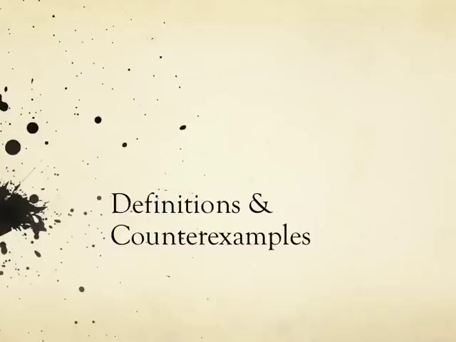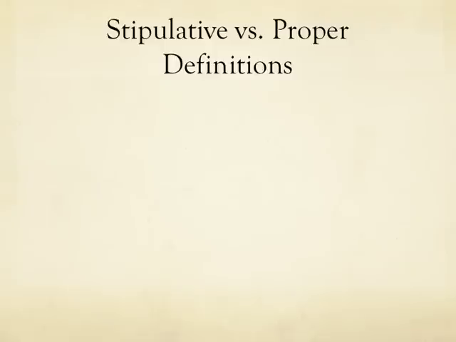All right, let's get started by looking at different ways of defining words. So one of those ways is by stipulation. And this stands in distinction to what I will call a proper definition. So these are two important kinds or ways of defining words.